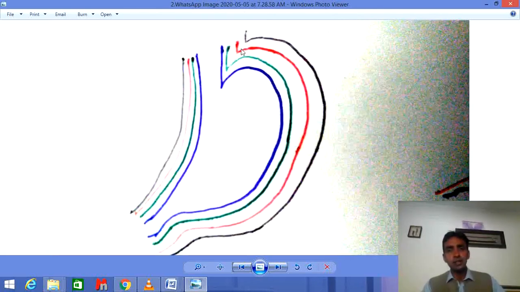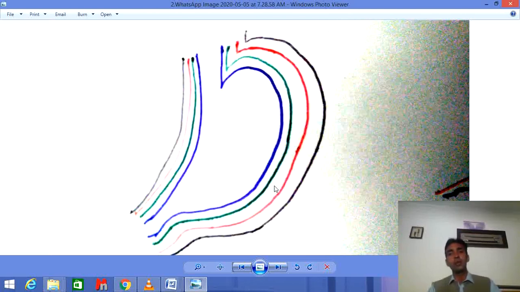In this diagram you can see the second layer. This is made of smooth muscle: the outer surface is the longitudinal smooth muscle, the middle is the transverse smooth muscle, and the inner is the oblique smooth muscle. The next one is submucosa.